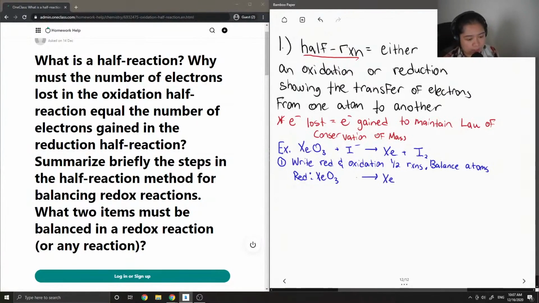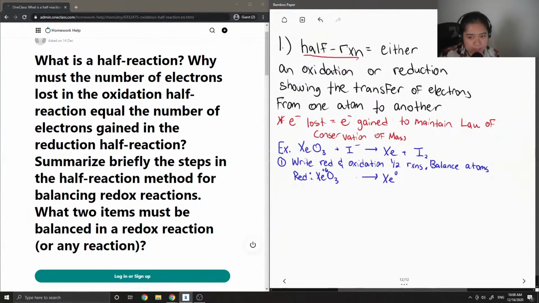So you can see it goes from an oxidation number of -6 because each oxygen has a -2 charge and there's 3 of them. Sorry, it goes from +6 to 0. So because its oxidation number decreased, this is what got reduced.